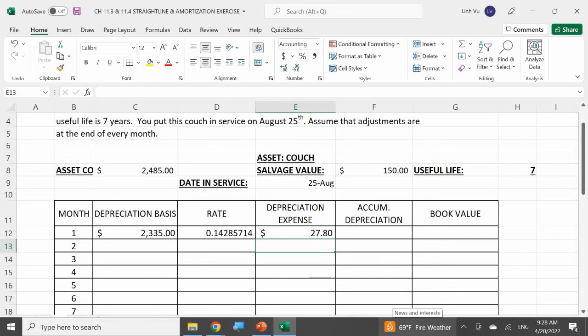It's asking you to depreciate it for that month. I'm only asking you to depreciate for September right now. How much is it going to cost me to depreciate for just September, the very first month? Just 1 month.